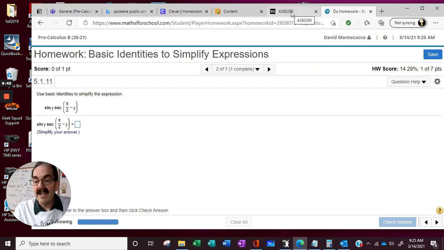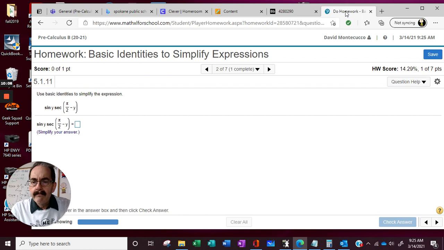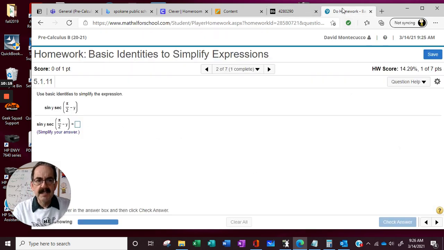Now we have other ones where we need these identities. Sine y equals secant of pi over 2 minus y. If you remember our sine and cosine curves, pi over 2 is a shift of 90 degrees, so we have an identity: sine becomes cosine, secant becomes cosecant.